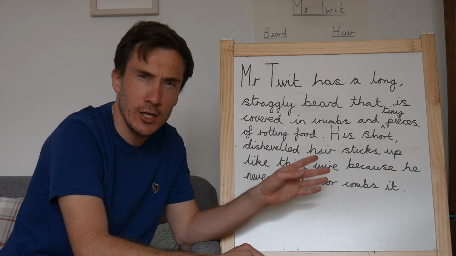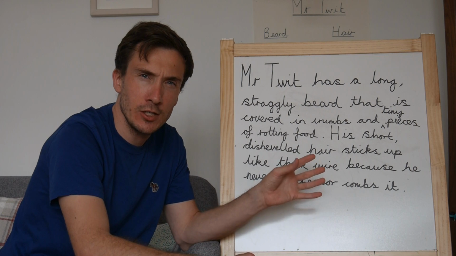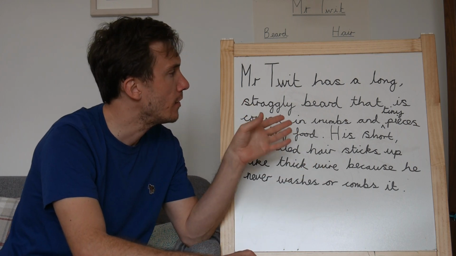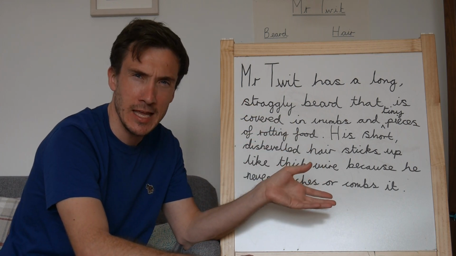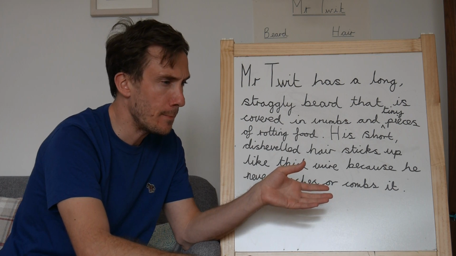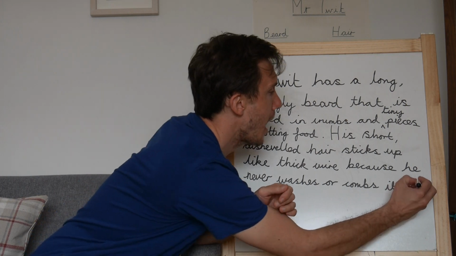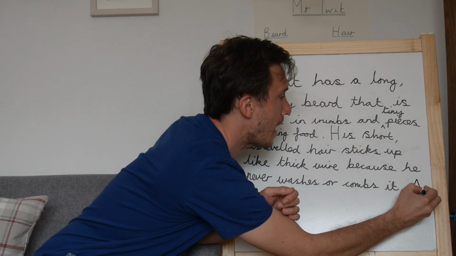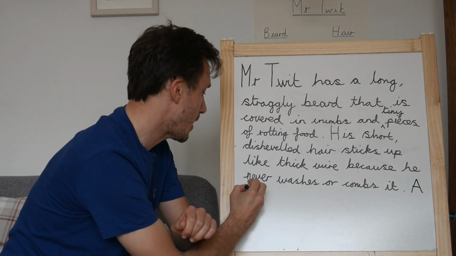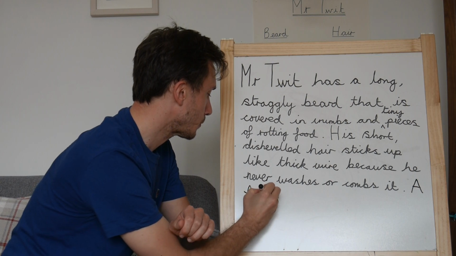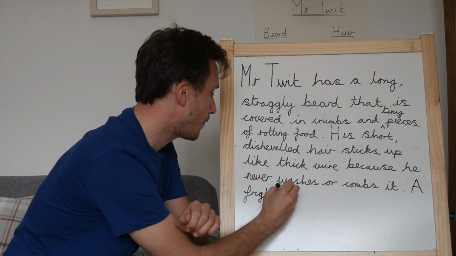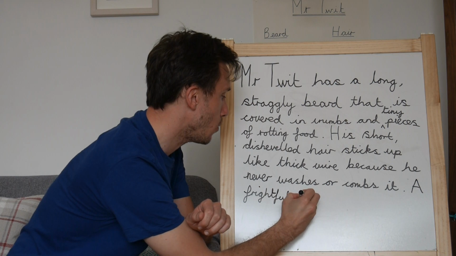Now, I want to change the way I start each sentence. I want to really try to do that. Okay, and I've already said Mr Twit, I've already said his. I don't really want to say he at the moment. I'm going to start with a frightful scowl.